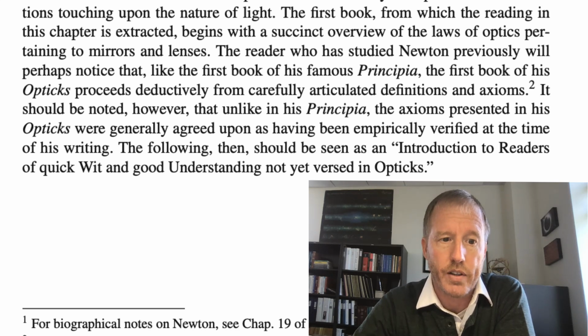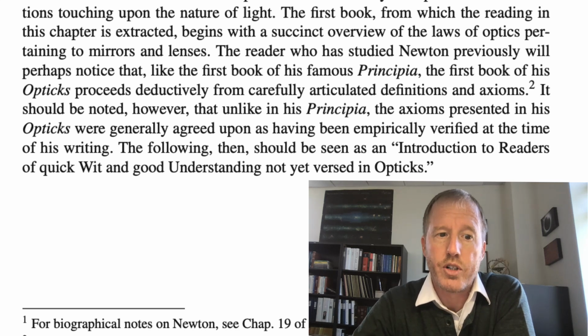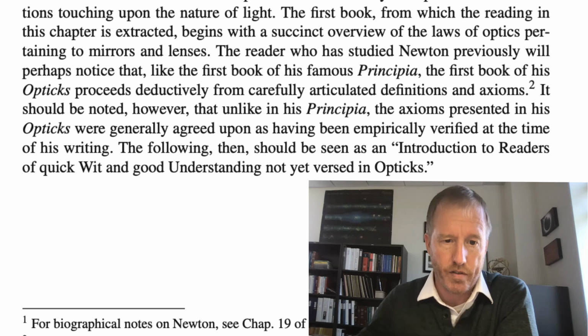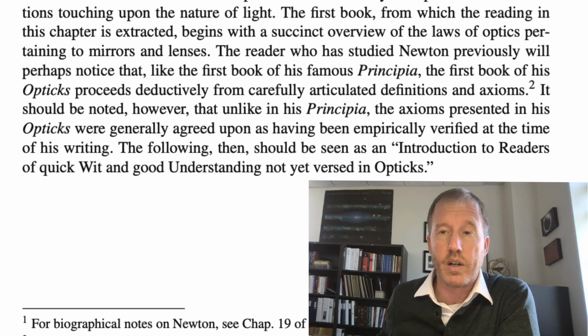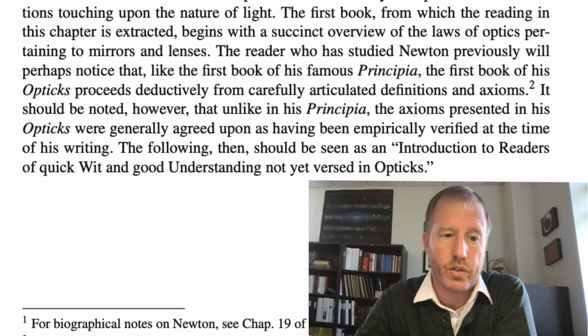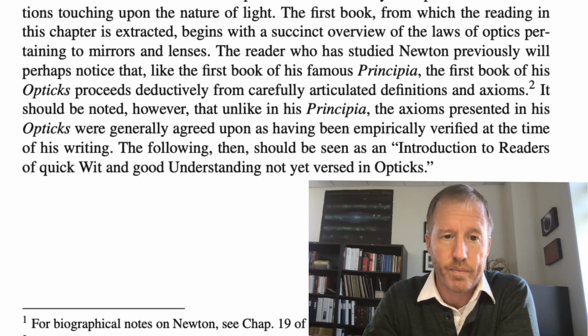It should be noted, however, that unlike in his Principia, the axioms presented in the Opticks were generally agreed upon as having been empirically verified at the time of his writing. The following then should be seen as, and this is what Newton writes, an introduction to readers of quick wit and good understanding not yet versed in optics.